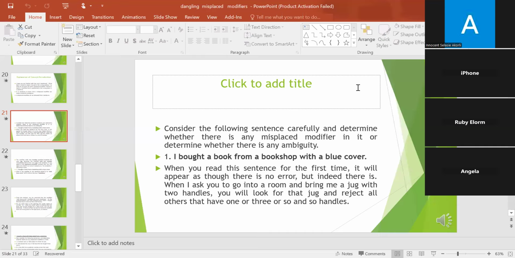When you read this sentence for the first time, it will appear as though there is no error, but indeed there is. When I ask you to go into a room and bring a jug with 2 handles, you look for that jug and reject all others that have 1 or 3 or so and so handles.